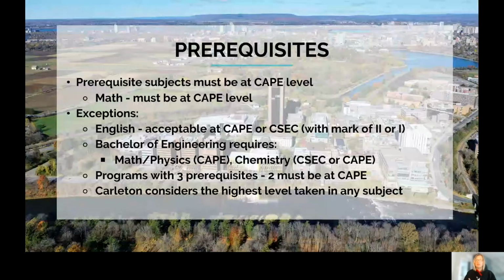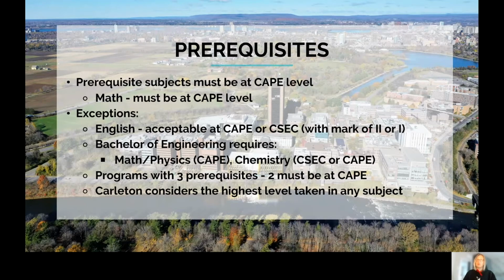Things that you absolutely need to know: if you look at our website or at our view book and you see that math is a prerequisite for your program, and there are a lot of programs that require math: computer science, commerce, international business, science programs, of course, engineering, that math must be at CAPE level, so you have to remember that.